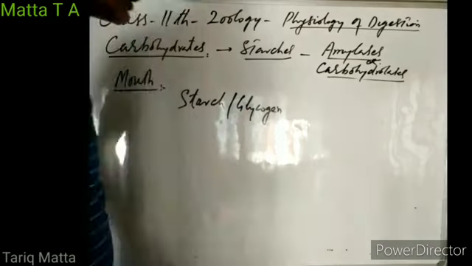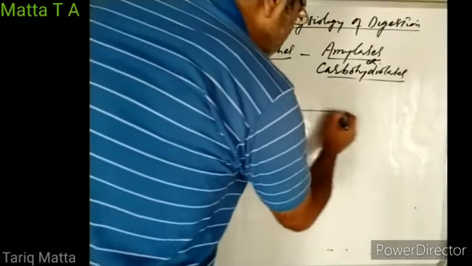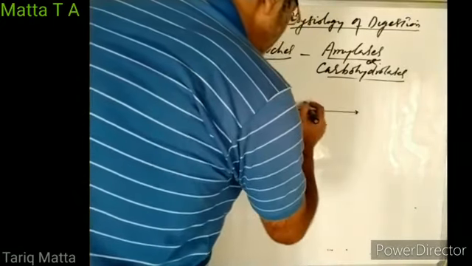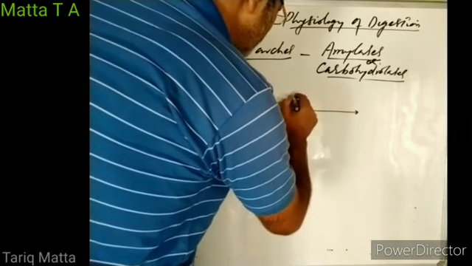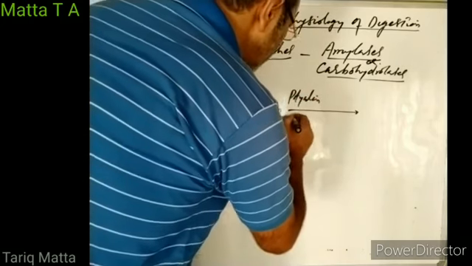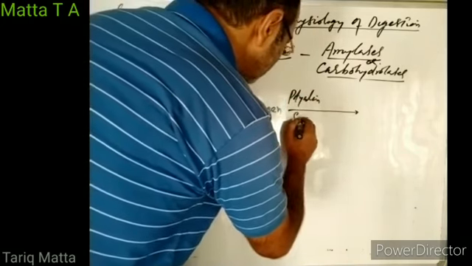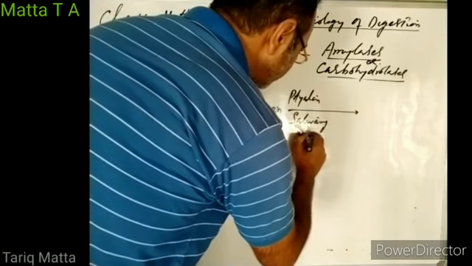So when we ingest carbohydrates in the form of plant starch or animal starch glycogen, in our mouth it is mixed with the saliva. In saliva we have got salivary amylase, ptyalin.